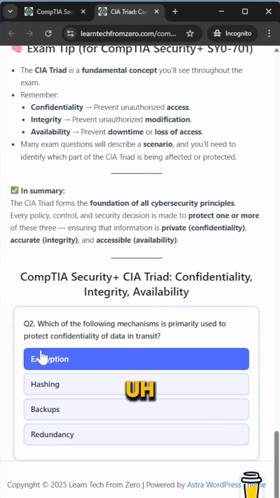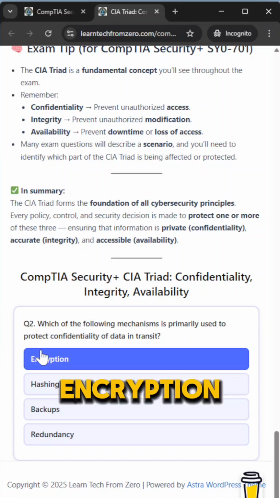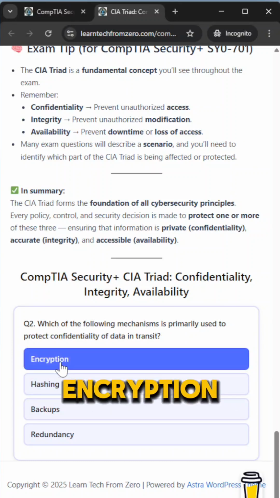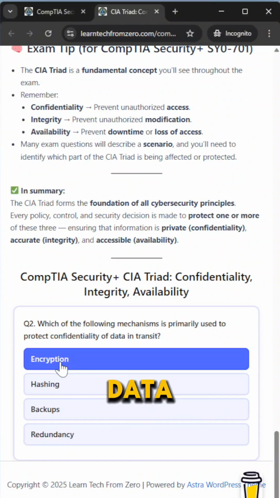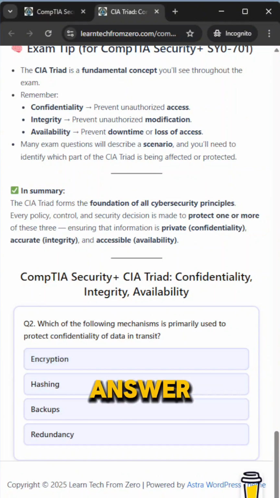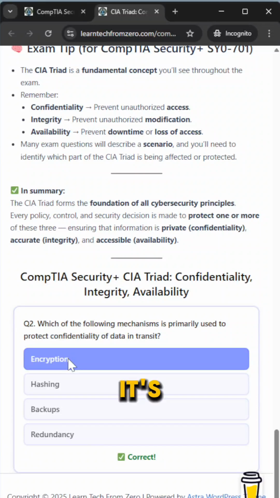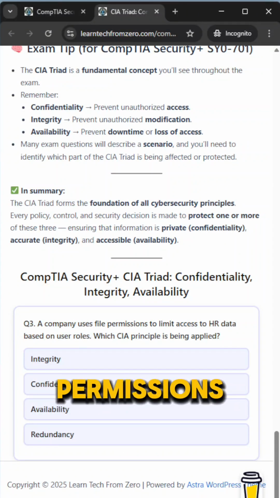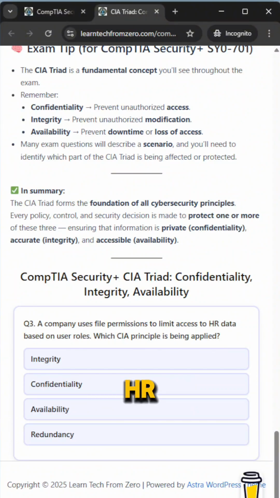For example, SSL and TLS are used over the public internet to access information from the browser. That's an encryption method. It changes the sensitive data and makes it unreadable. So the answer should be encryption. It's correct.